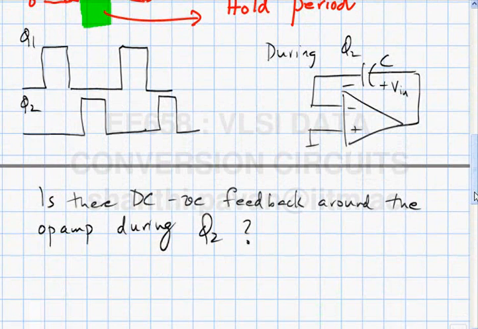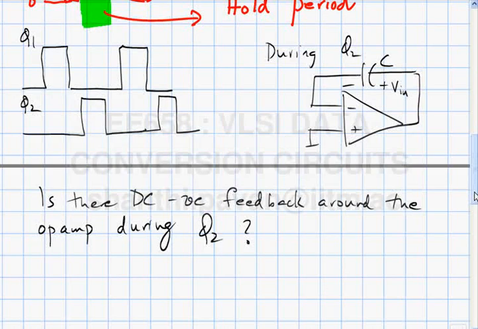How will you figure out if there is DC negative feedback? Fine, right? We do what we are used to, which is we cut the loop somewhere, yank up one end of the loop, then we see what comes back. And if what comes back is in the opposite direction of the direction in which we yank the loop up, then there is DC negative feedback.